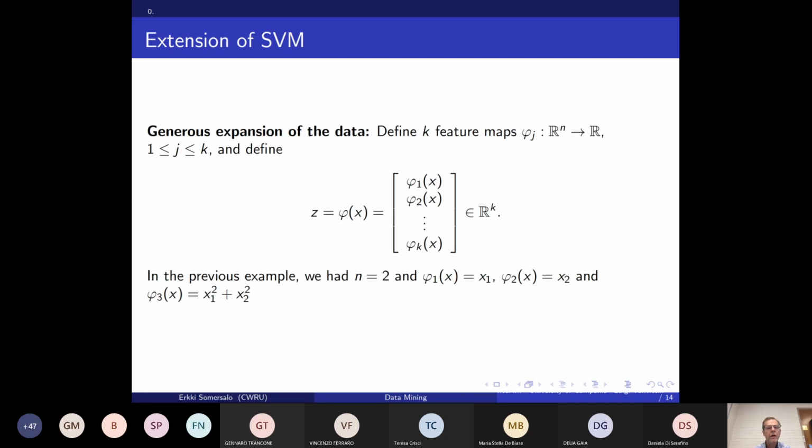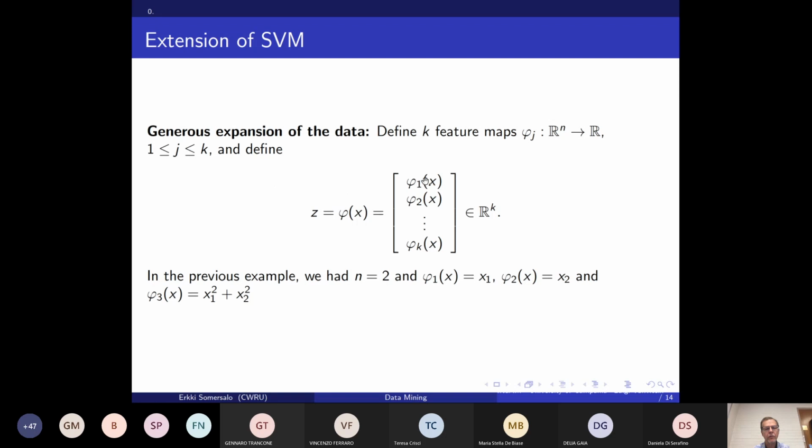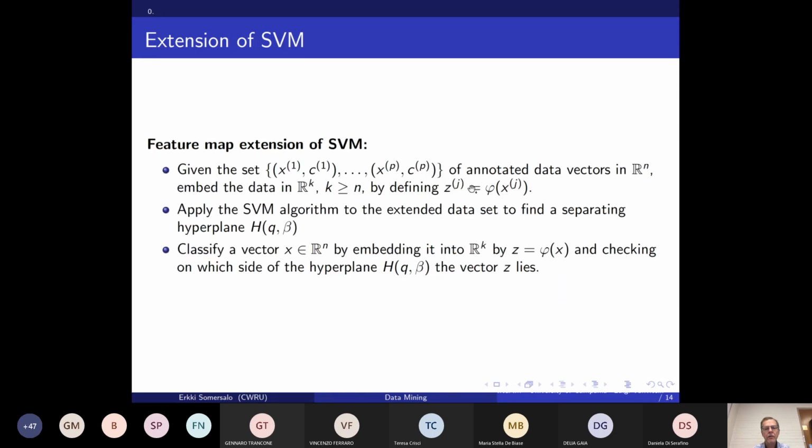So here is a feature map extension of the support vector machine. This is how it works. Given a dataset x1 with classification plus or minus 1, x2, up to xp with classification plus or minus 1, we choose these feature maps. So phi is a vector with components phi1, etc., phi k. This is now a data point in a higher dimensional space, R^k.